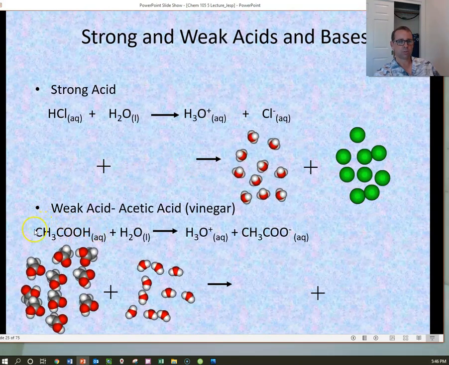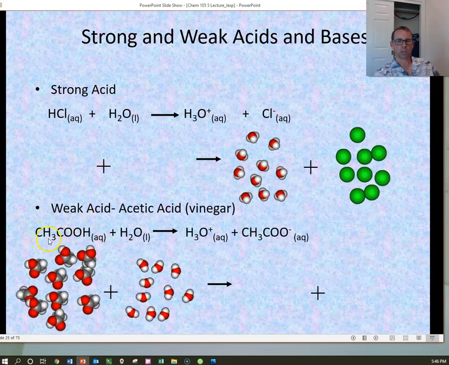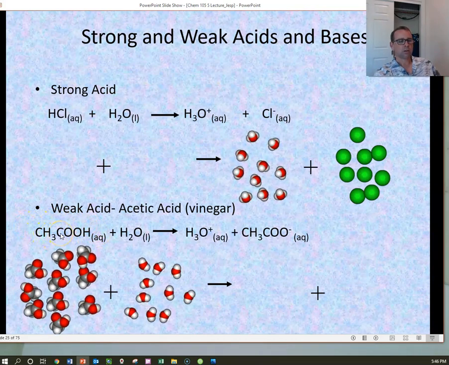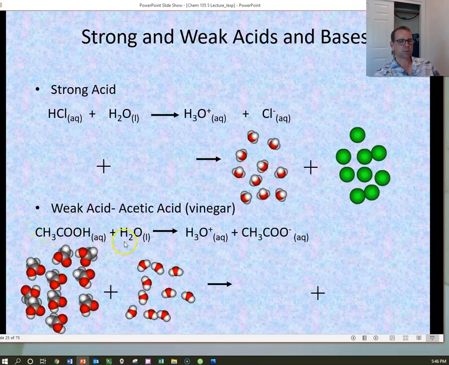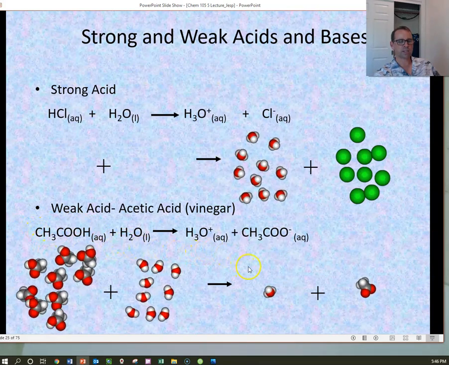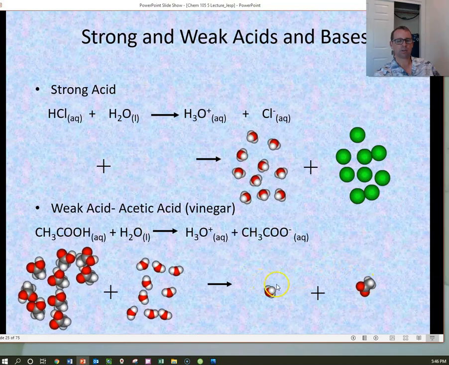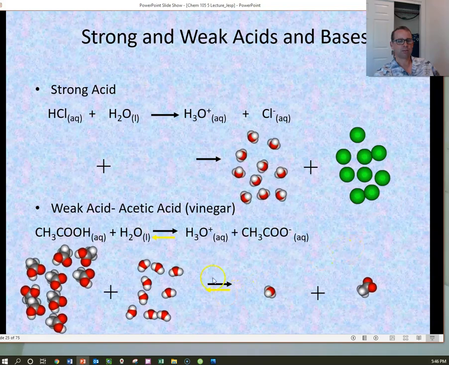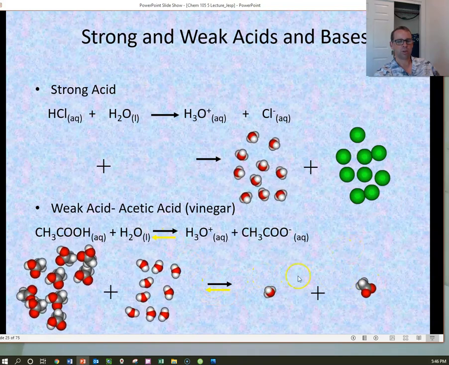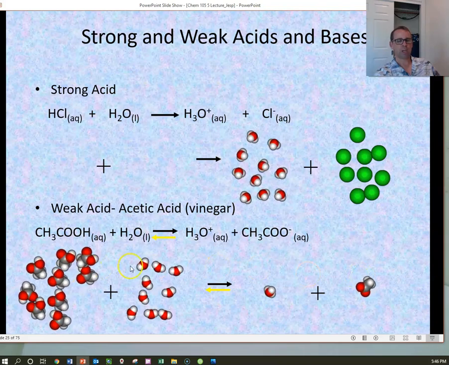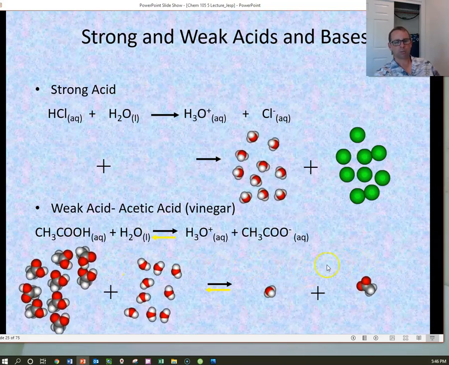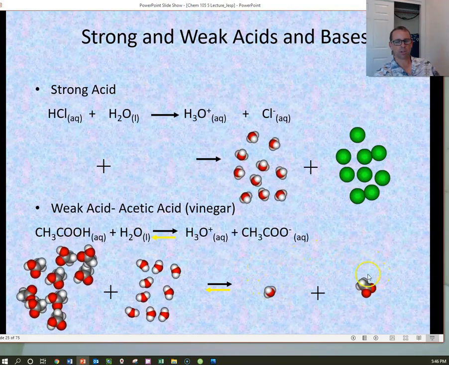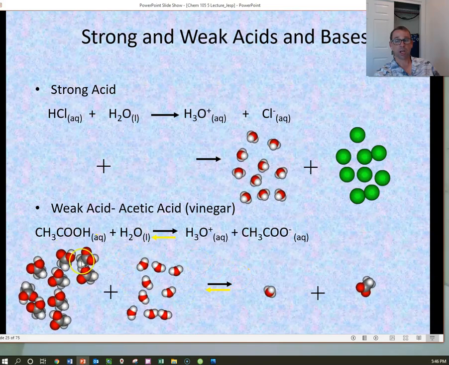So pickles and sour stuff, a lot of it has, salad dressings, vinegar, right? This compound interacts with water, but because it's a weak acid, only a very small amount of it will actually dissociate. And so we have to have an arrow showing that when those find each other, they'll come back. Yes, another one will dissociate, but it will constantly be in equilibrium with a very small amount dissociated and the rest of it associated.